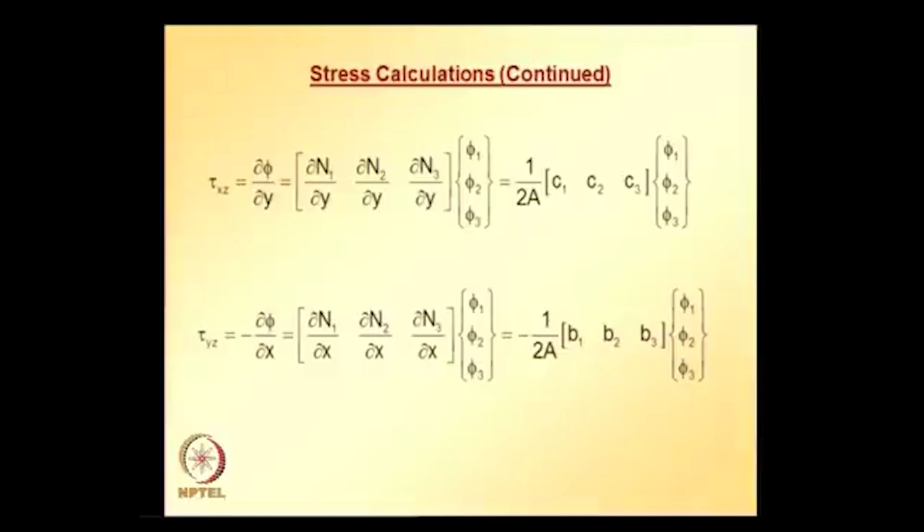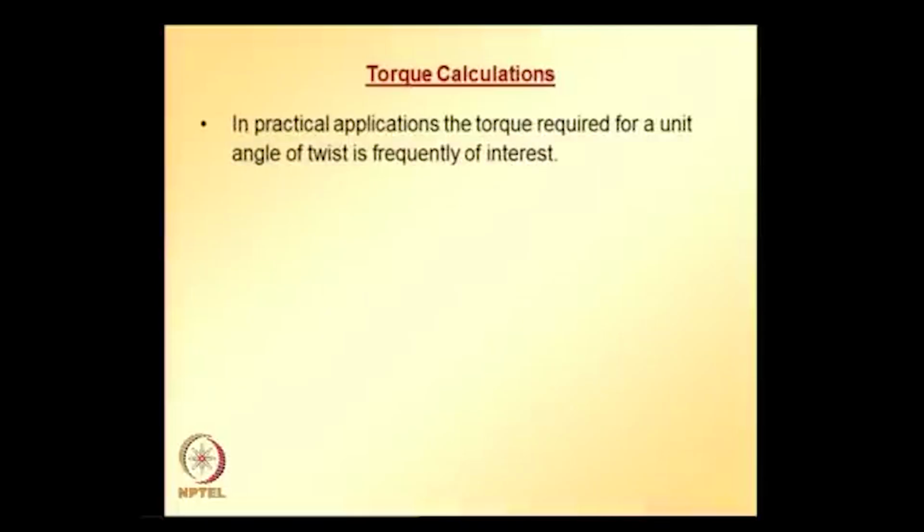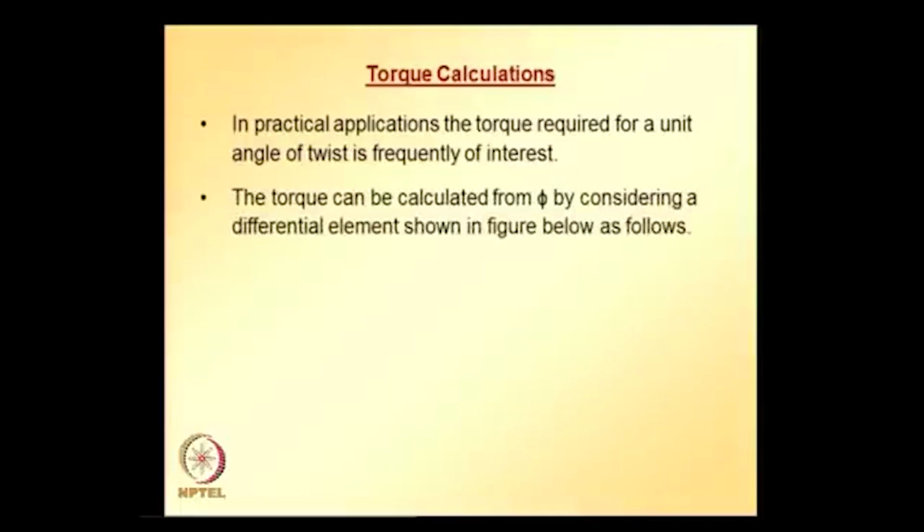And what about torque calculations? In practical applications, the torque required for unit angle of twist is frequently of interest. Torque can be calculated from the phi value by considering a differential element as shown in the figure below.